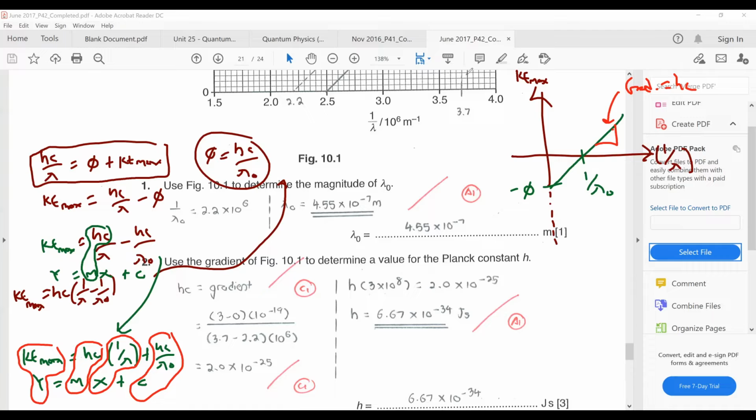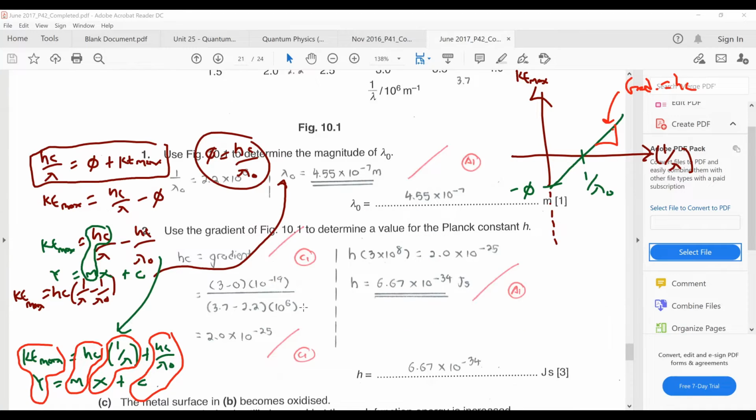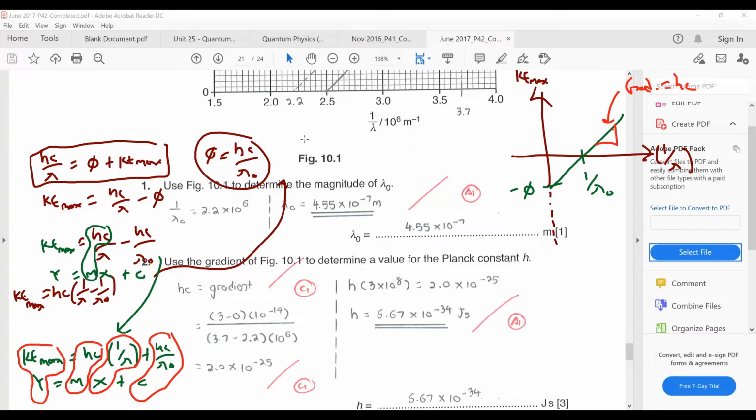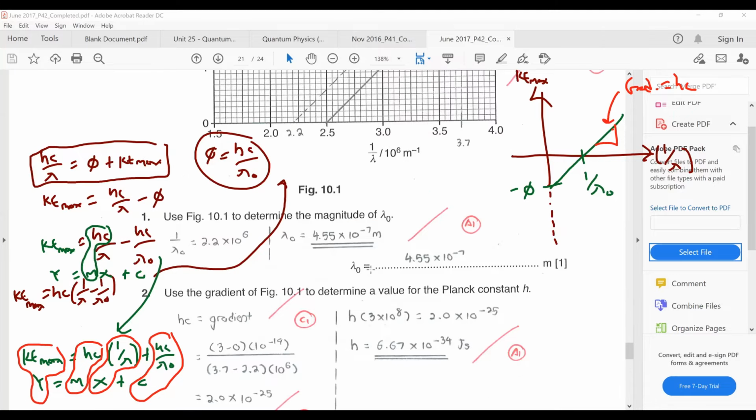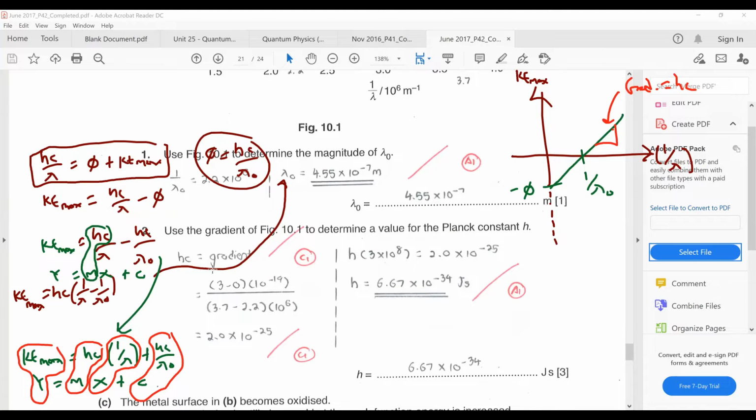Okay, so that part should be done. Alright, if this one is okay, then there's the other part below. If you are fine with that, then I move on.